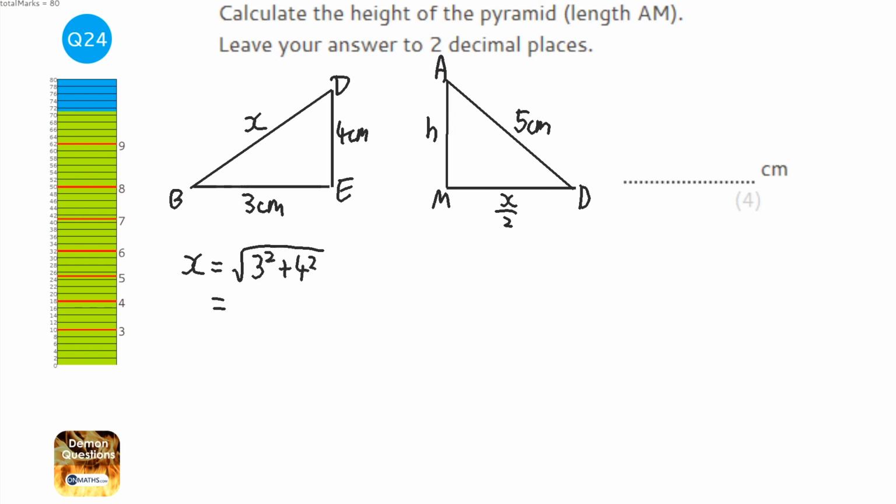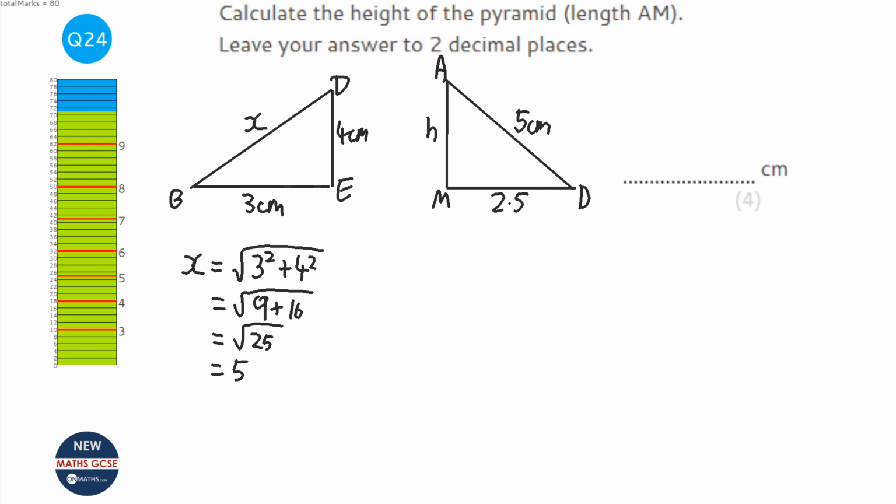Now it's a 3, 4, 5 triangle actually, so let's do this all anyway. 9 plus 16, root 25, and that's just actually going to be 5. I would leave it as a square root if it doesn't work exactly. Okay, so we know what this one's going to be. It's going to be x divided by 2, which is 2.5.